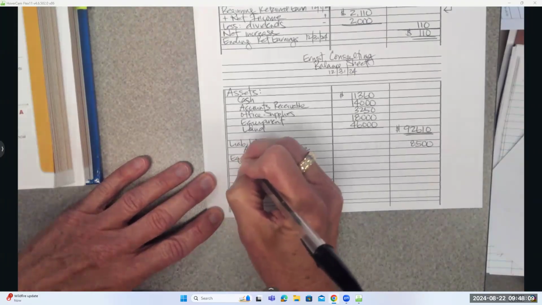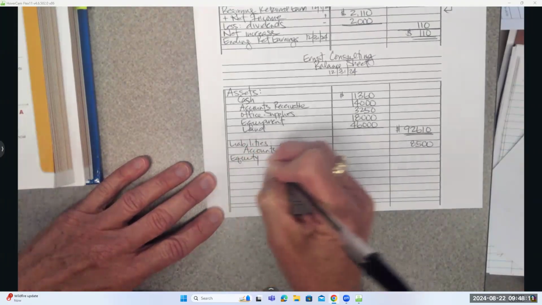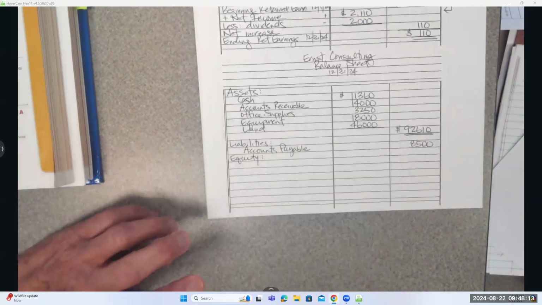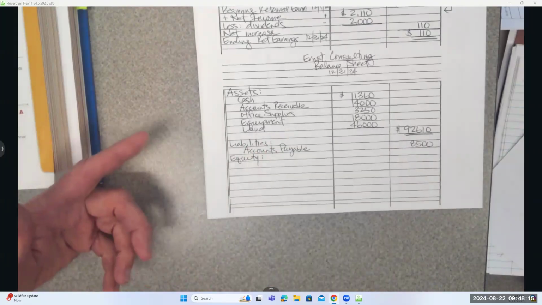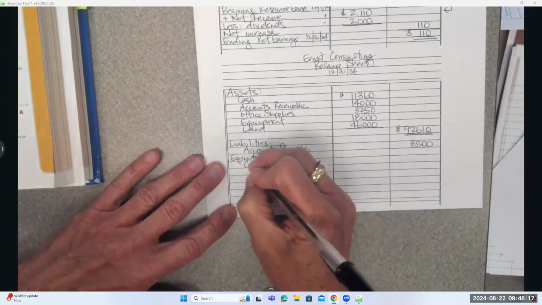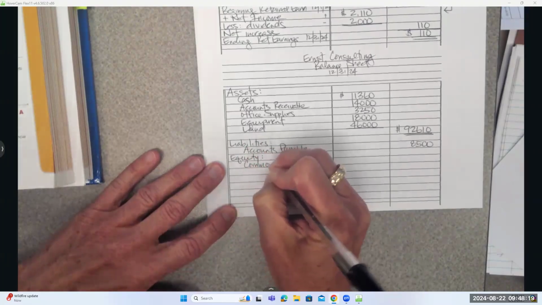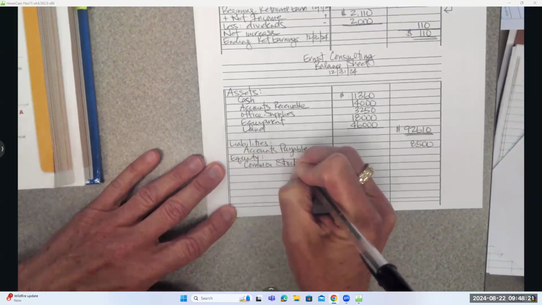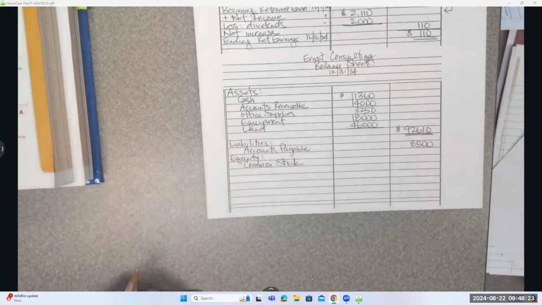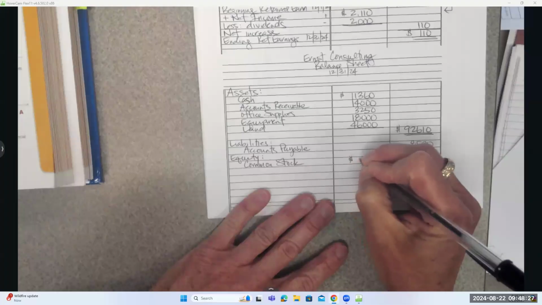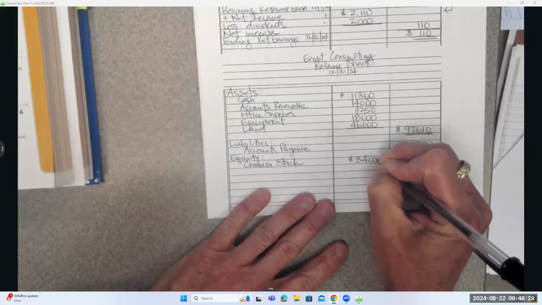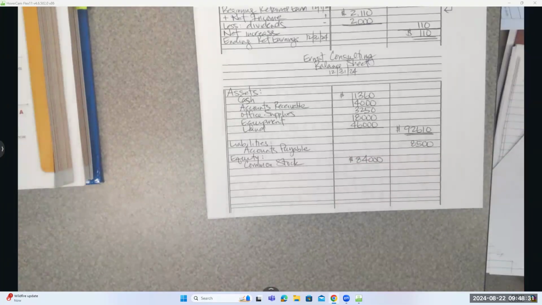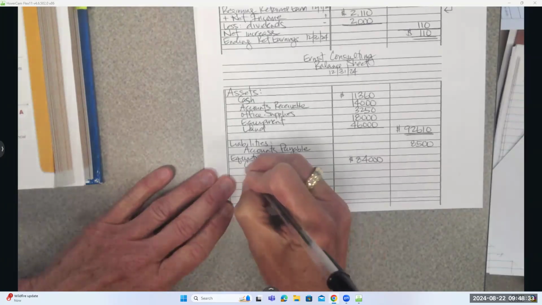And then our equity, however, is two accounts. We have our separate accounts for invested versus earned. So our common stock is 84,000 of invested equity.